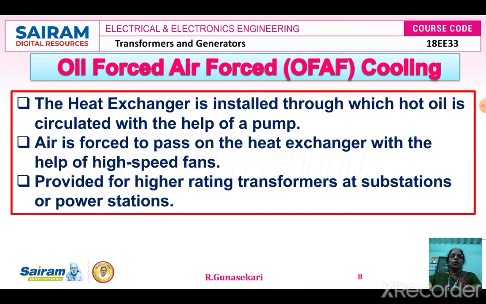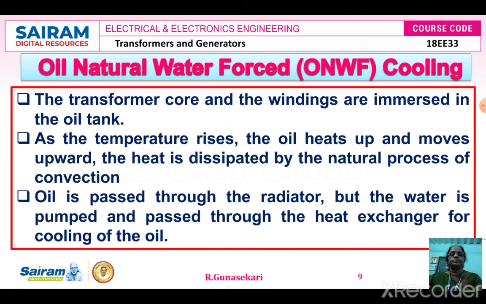The forced air is passed on the heat exchanger with the help of a high speed fan. So the oil forced, air forced cooling happens with the help of the pump and fan. This type of cooling is used for higher rating transformers.